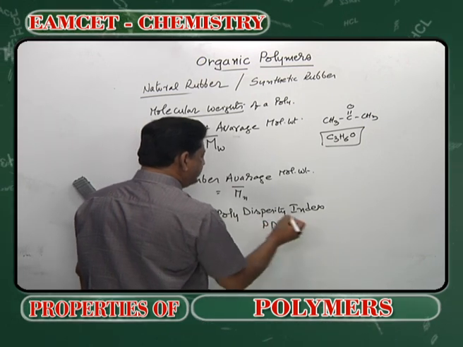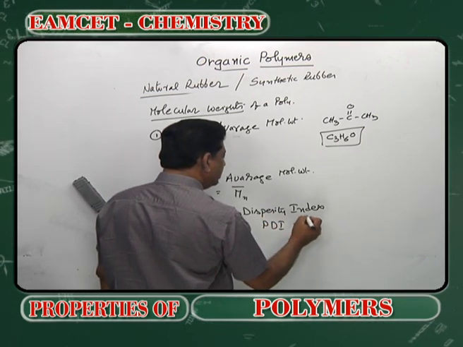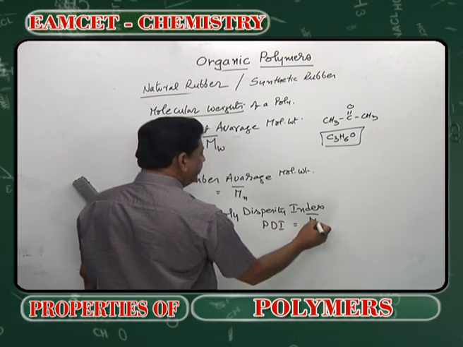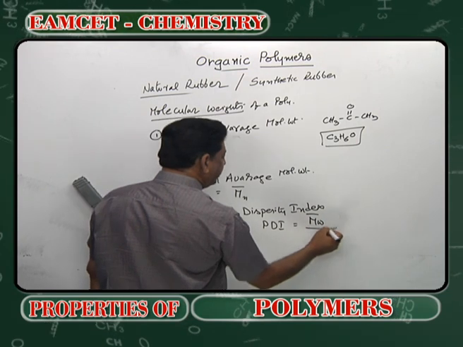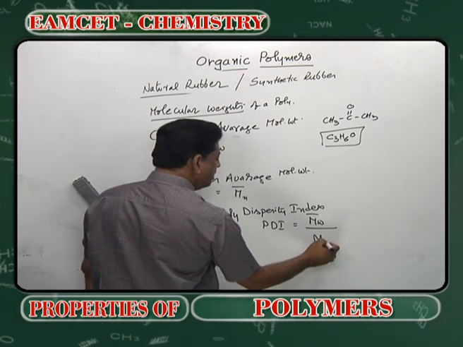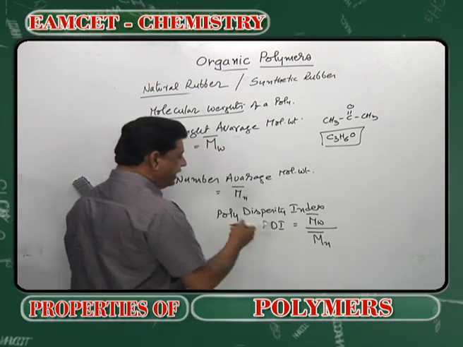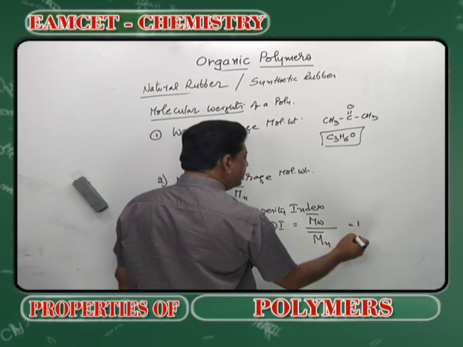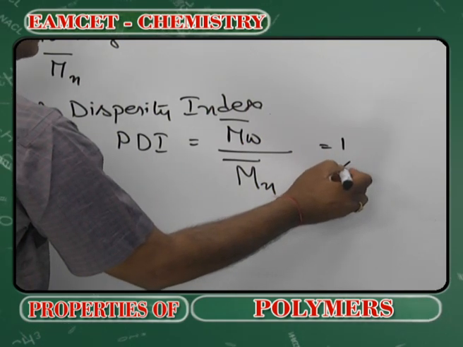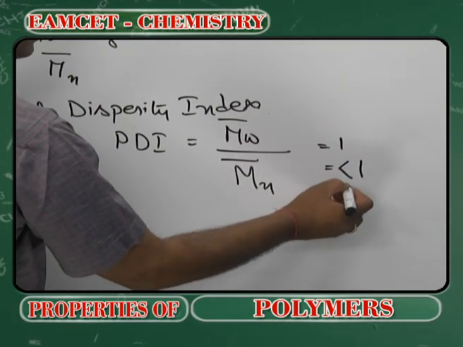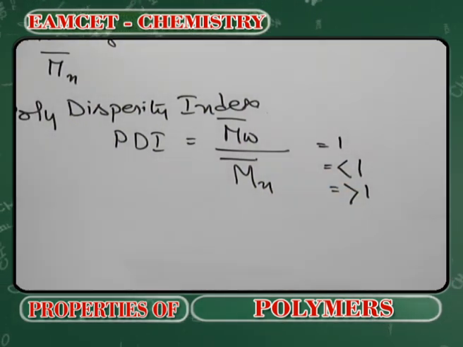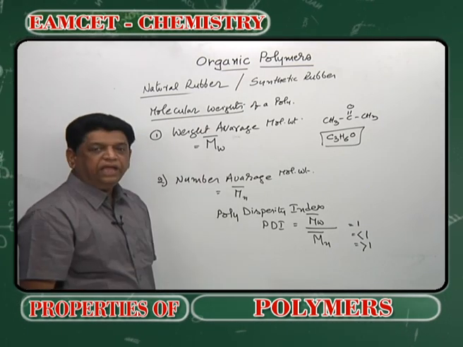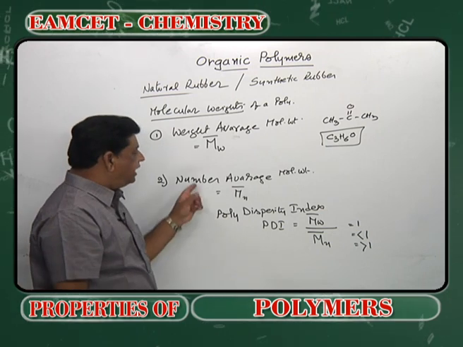The PDI is a ratio between the weight average molecular weight divided by the number average molecular weight. It is a ratio. The ratio many times will be 1, or sometimes maybe slightly more than 1 or slightly less than 1. If it is 1, we can conclude that the difference between the polymers' weights will be very less.